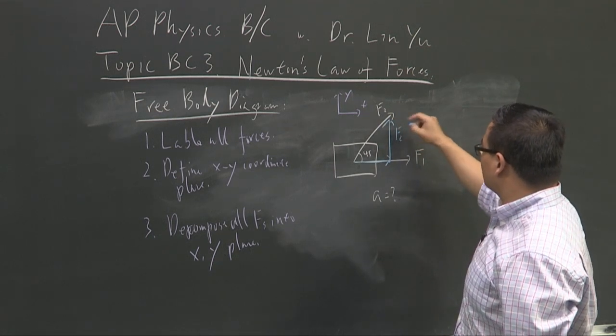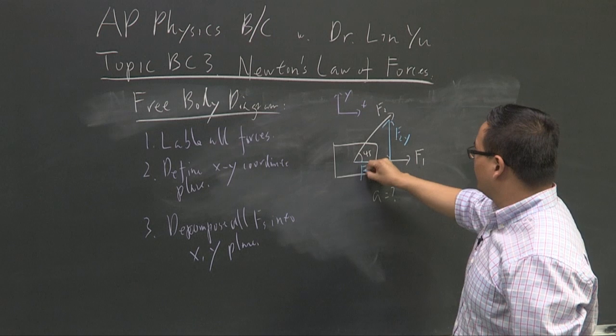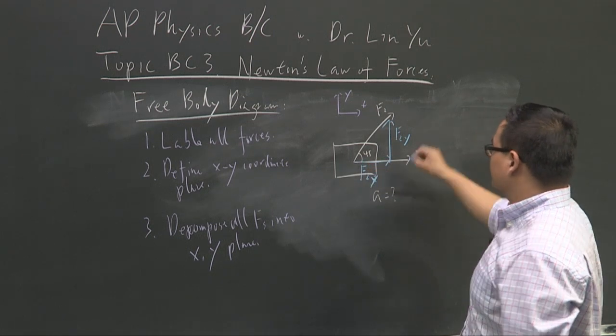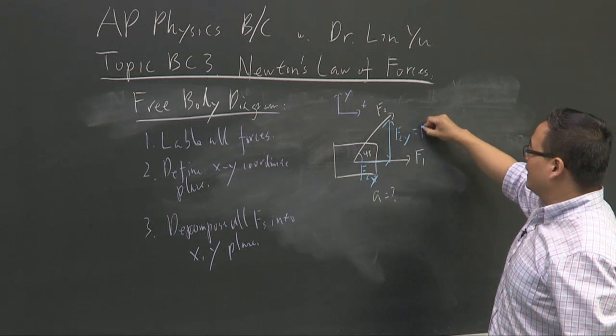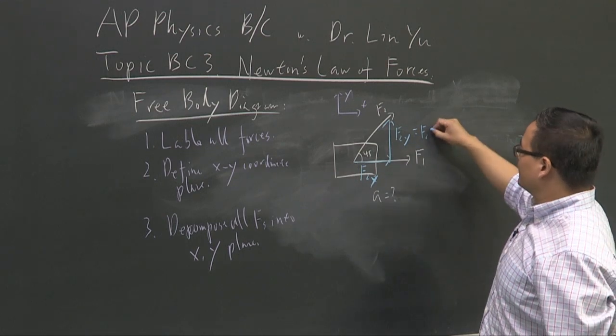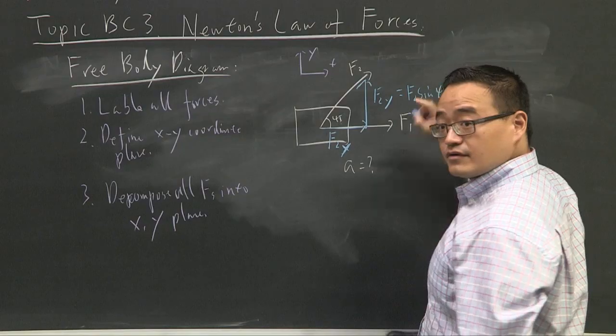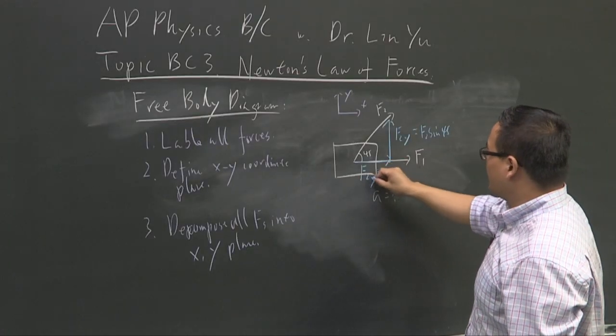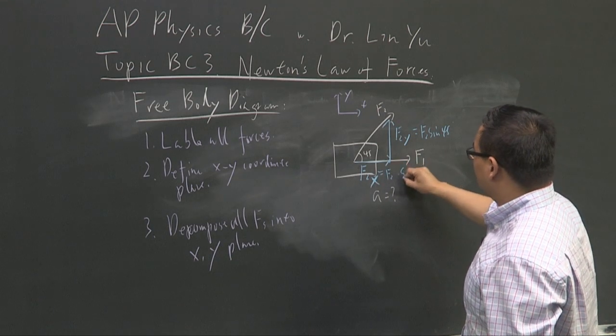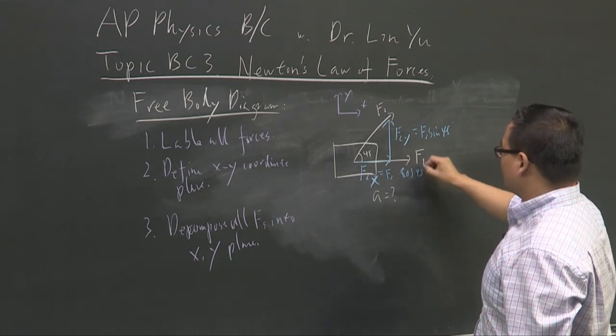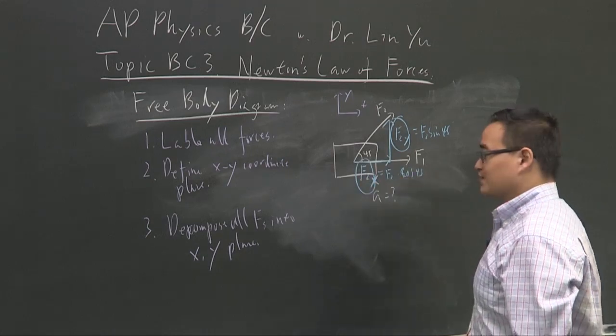F2 will be my F2y and F2x. F2y will be F2 times sine of 45, and F2x will be F2 times cosine of 45. So I get F2y and F2x.